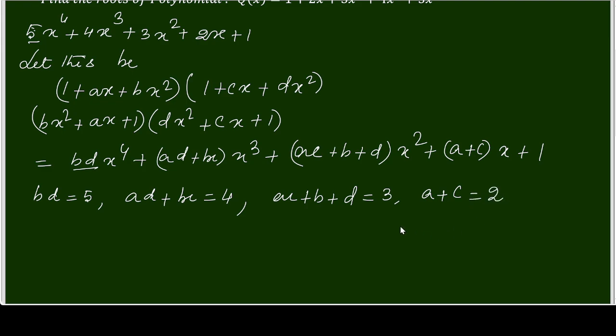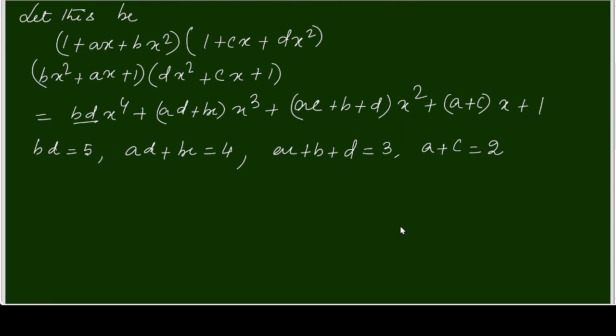So from these four equations, we'll try to get a, b, c, d. It's better to take this one. When the product of b and d equals 5, that means either b equals 1, d is equal to 5, or b is equal to 5, d is equal to 1.